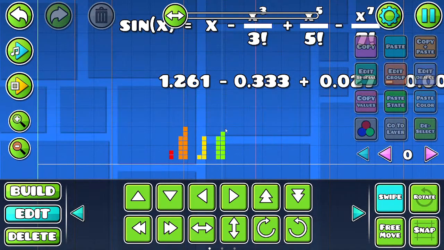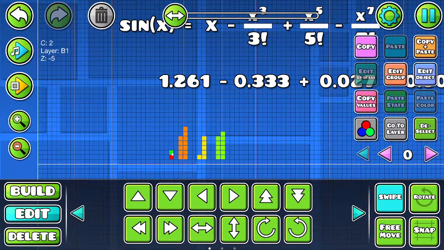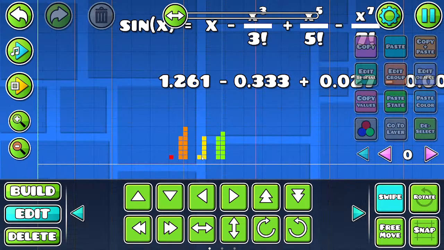All right, now I can subtract 3. Now I can subtract 3 of each.